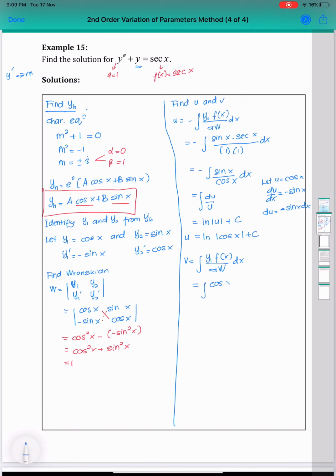So cos x times secant x over 1 times 1 dx. So integrate cos x over cos x dx. So it becomes 1. So you get x plus d. Your v is equal to x plus d.